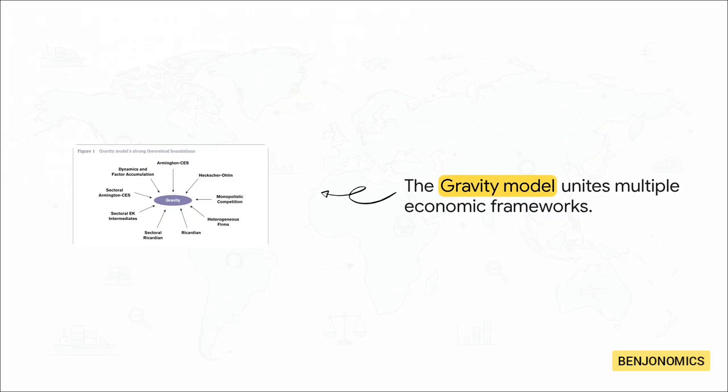You had Ricardian models focusing on comparative advantage, the Heckscher-Ohlin framework looking at resource endowments, and models based on monopolistic competition or heterogeneous firms. But what is so amazing here is that all of these completely different theoretical paths actually lead right back to the exact same place, the Armington CES gravity model. It's honestly the great unifier of trade math.